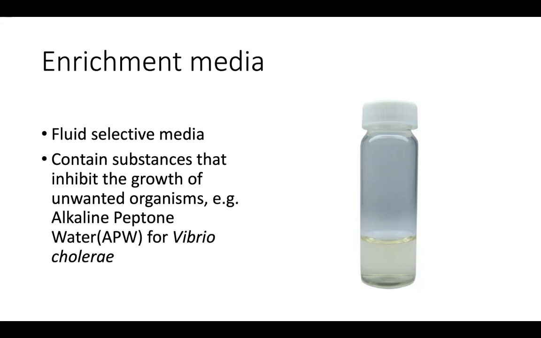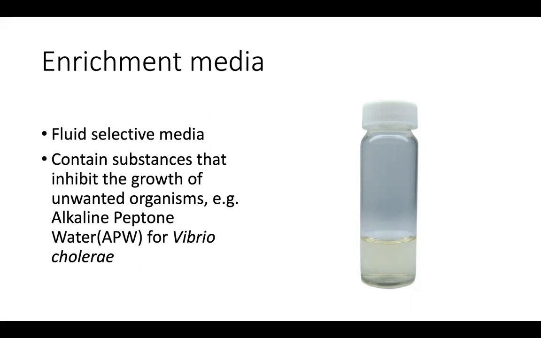Now, why do you need to inhibit the growth of unwanted organisms? Some specimens from patients, like sputum and stool, are very rich in what is referred to as normal flora. Naturally, you'll find bacteria even in those that are not sick. You're not interested in growing the natural bacteria. You're interested in growing the pathogenic bacterium, the one that is causing disease.